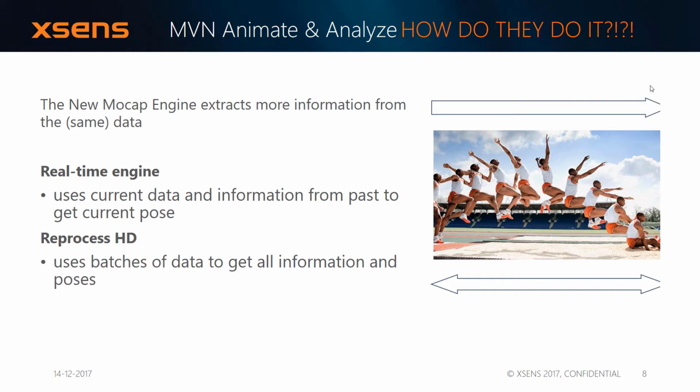What the new Reprocessing HD does is use batches of data to give you the poses that are correct. This is a great thing, because in the entertainment market it will save you cleanup time, and in the human motion measurement market it gives you more accurate data.